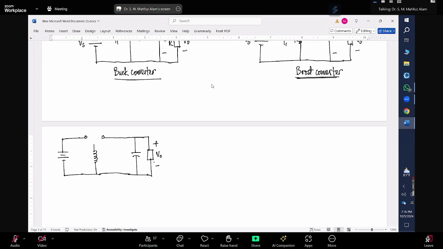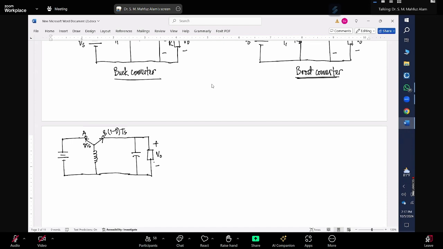The inductor will be connected to terminal A for D multiplied by Ts time, and then connected to terminal B for 1 minus D multiplied by Ts time.